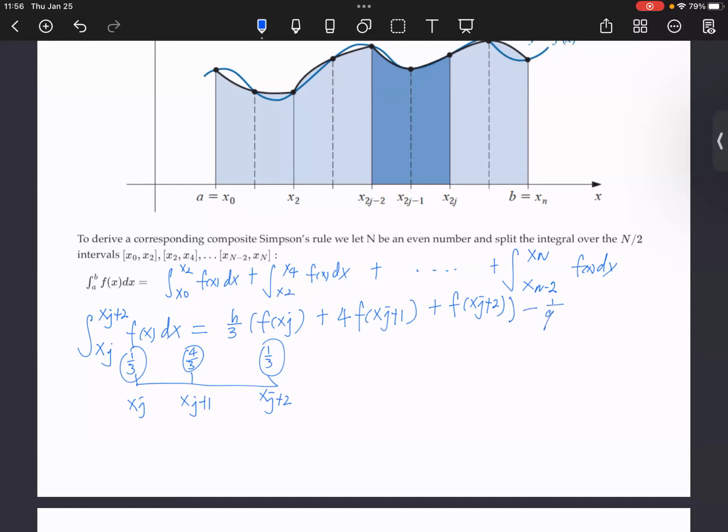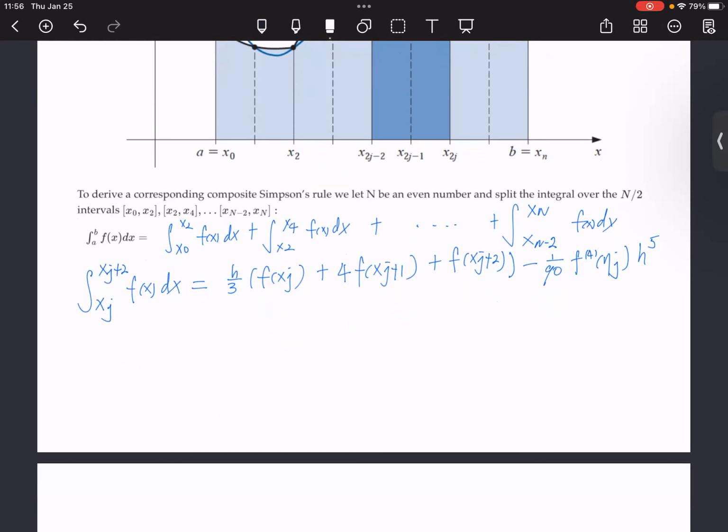And for the simple elementary Simpson's rule, the error term here is 1/90 f⁗(eta_j) h^5. And that looks nice. And then we are going to use this simple Simpson's rule and add them together.